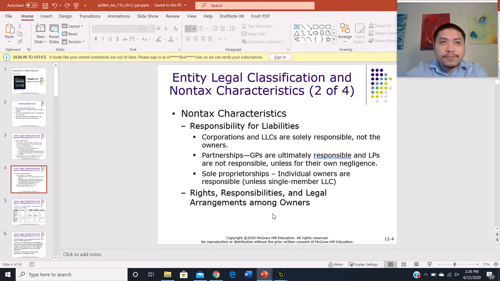The business owners do not have the flexibility in terms of arranging the legal issues among each other, right?